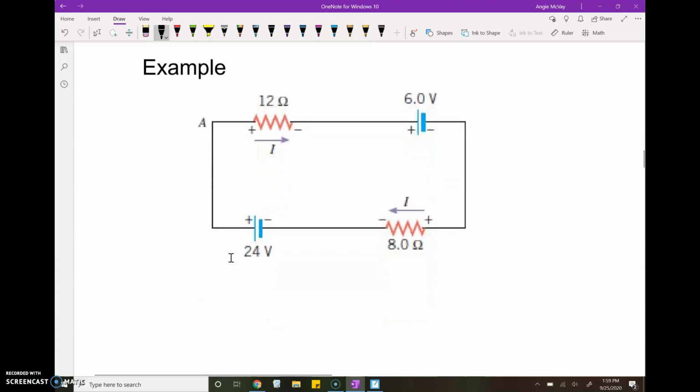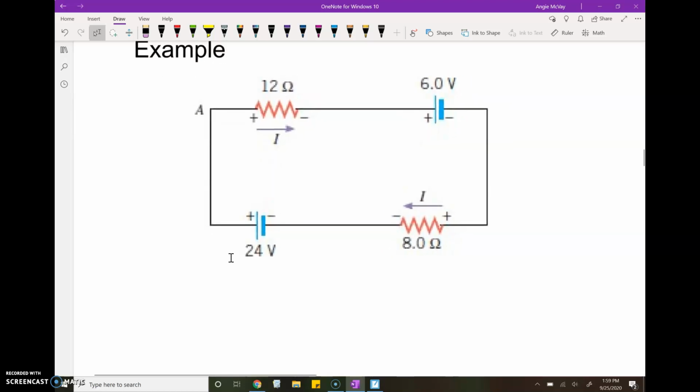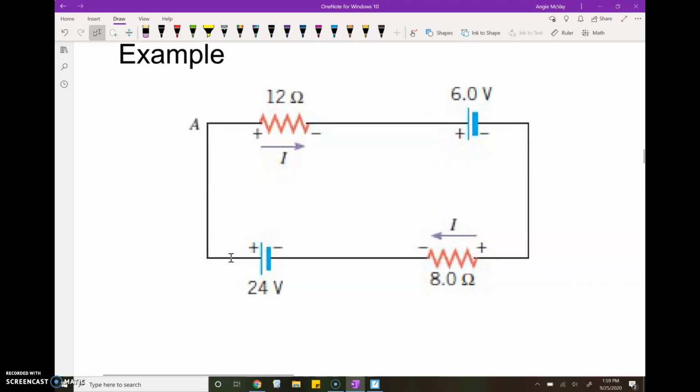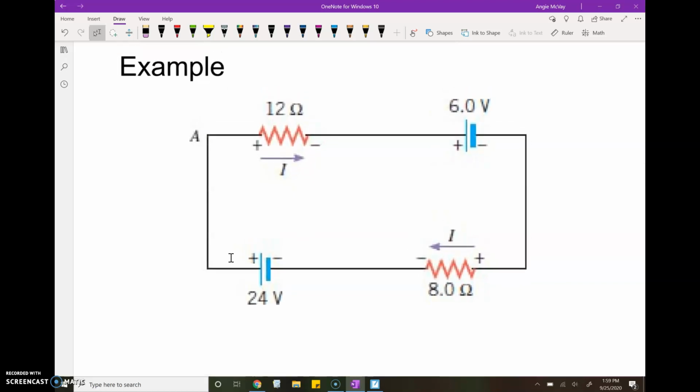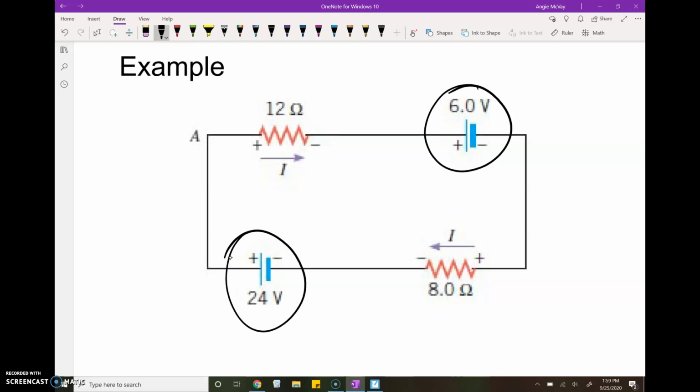All right, let's take a look at an example. This is an example from the Cutnell and Johnson textbook. Sorry, I've got a pixelated copy of this. What you'll notice here is you've got two power supplies, one is 6 volts and one is 24 volts.